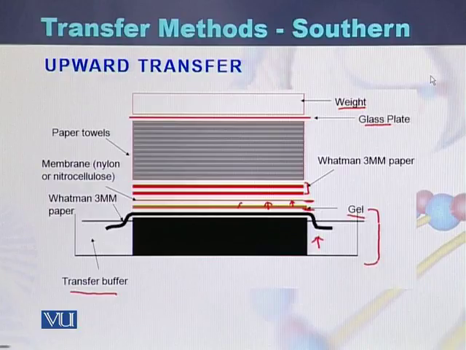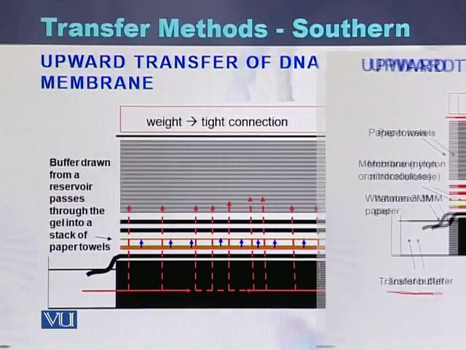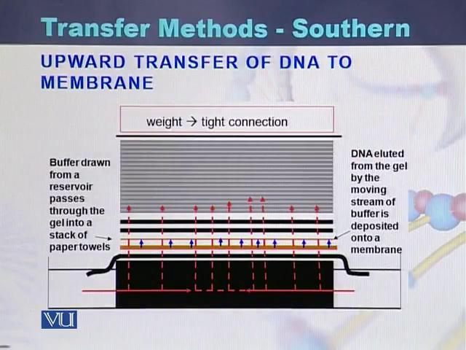So this type of transfer of DNA is called upward transfer, because the DNA bands present in the gel will transfer to the membrane. Here we can see upward transfer of DNA to the membrane.